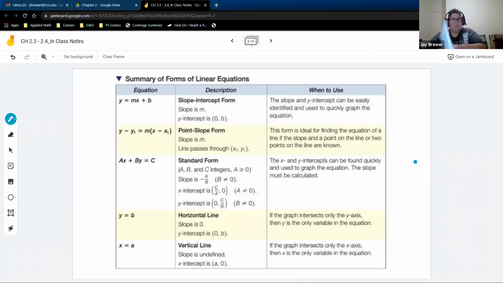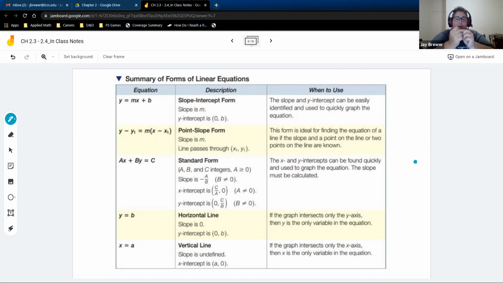So you guys want to use this as a good summary of when to use the different forms. Slope-intercept form. Slope is m, y-intercept is the b part of the y-intercept when you have it in a point. The slope and y-intercept can be easily identified and used quickly to graph an equation.